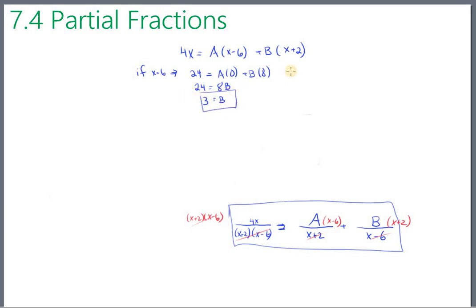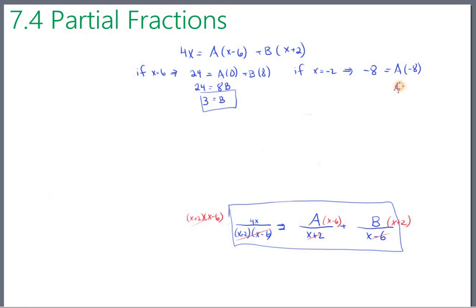And you can do the same thing and say, what if x is negative 2? Or I pick the thing that zeroes out the other term. Say if x is negative 2, then we get negative 8 equals A times negative 8 and B times 0.